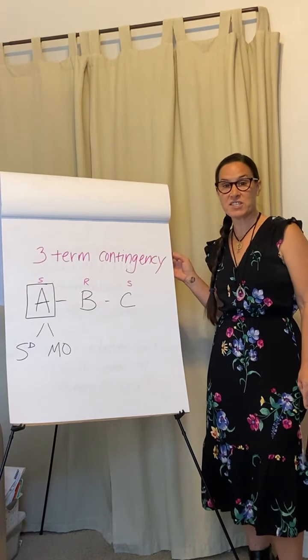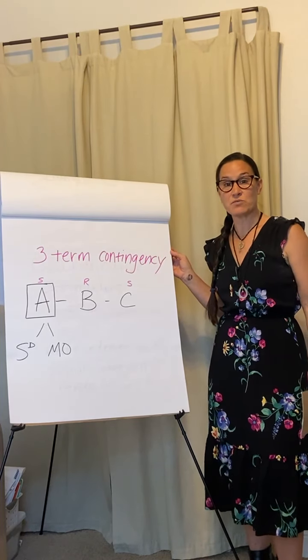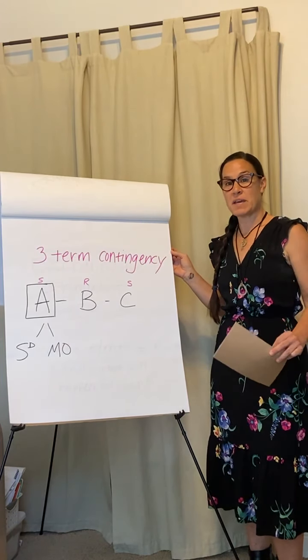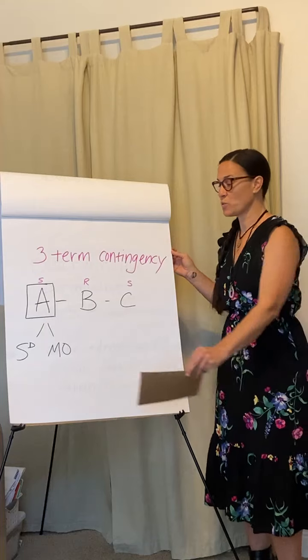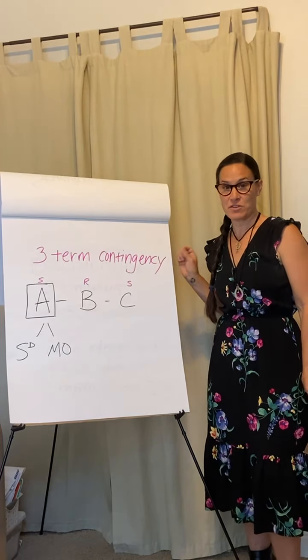The three-term contingency in our field of applied behavior analysis is the stimulus response stimulus, or antecedent behavior consequence. So we're going to be living in this A part of the three-term contingency for the duration of this video.